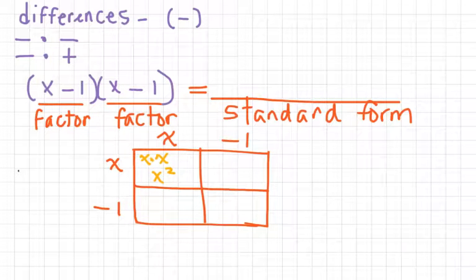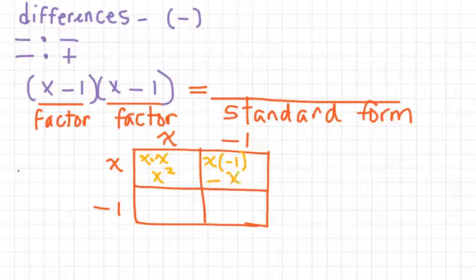And x times negative 1 is negative x. x times negative 1 again is negative x. And negative 1 times negative 1 is positive 1.